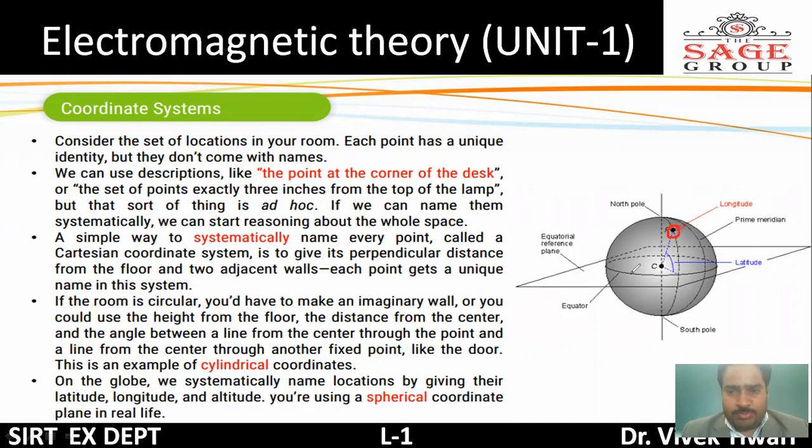So with the help of different coordinate systems, it may be cylindrical, spherical, or rectangular. Basically three types of coordinate system we are studying in this subject: spherical, cylindrical, and rectangular.